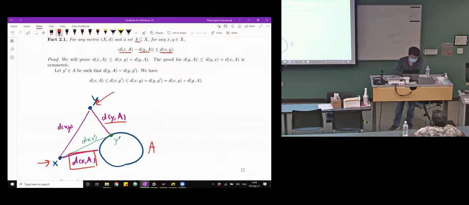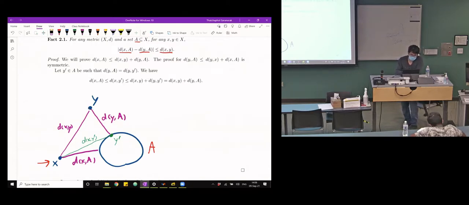What we want to show is that the difference between these two things is at most this thing. This is kind of clear from the picture, but let's try to do it formally.